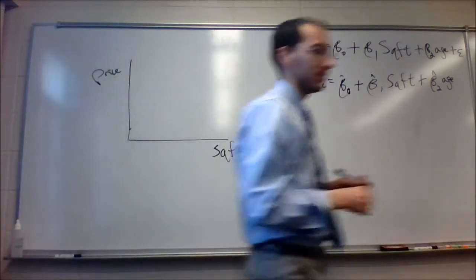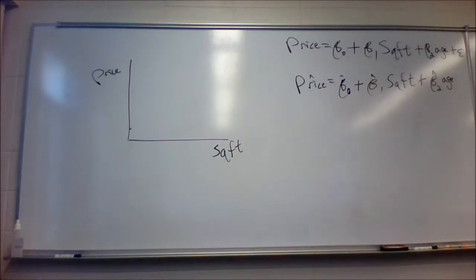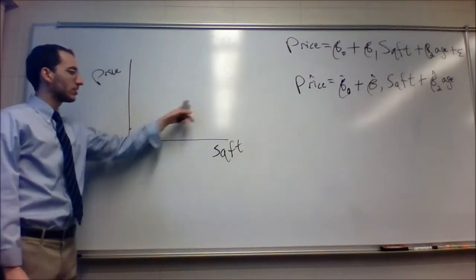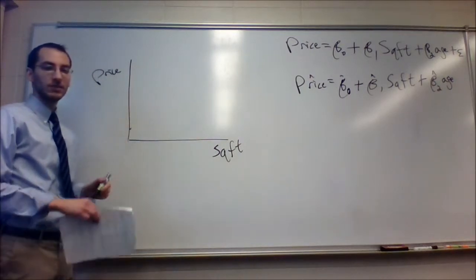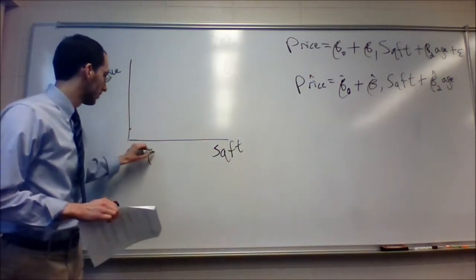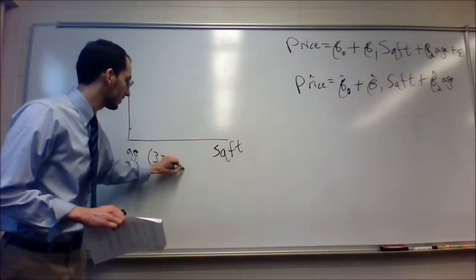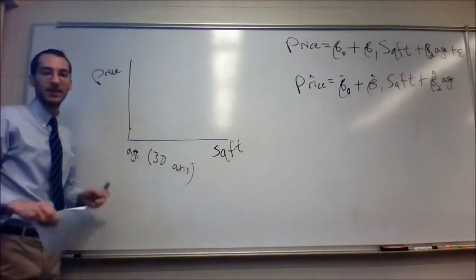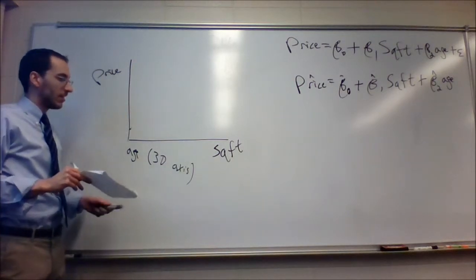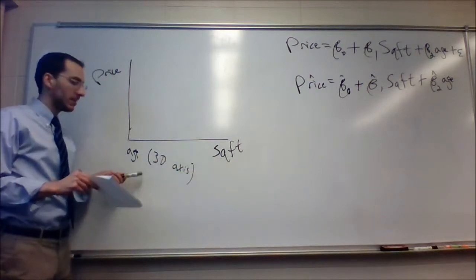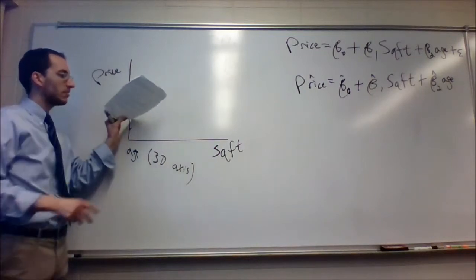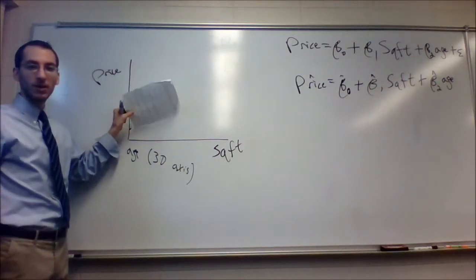And so, for example, instead of just having a regression line with square feet and price, I'm just going to write age down here, say a 3D axis. If I were to actually try to plot what my model looks like, I need an input for square feet, I need an input for age, and I can do that a bunch of times, and it actually basically becomes a sheet of paper sticking out of the board.